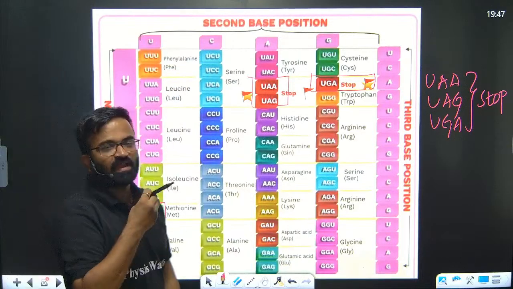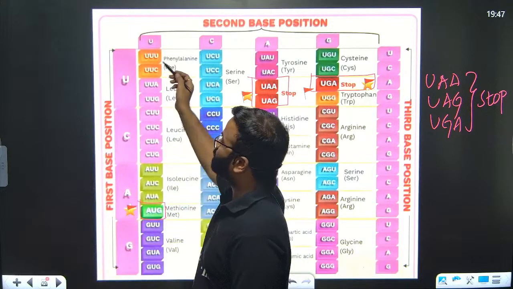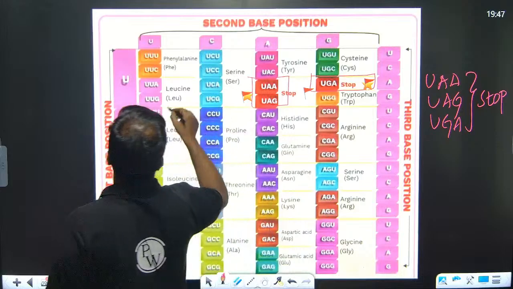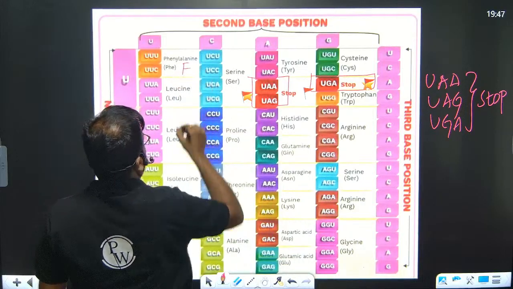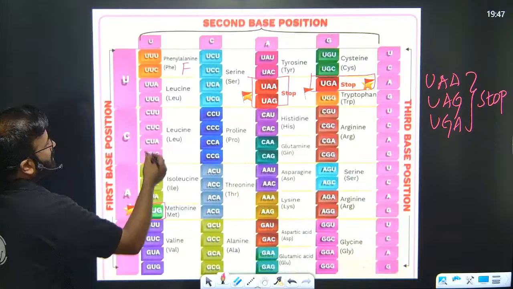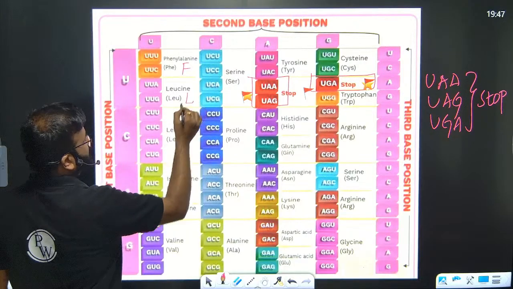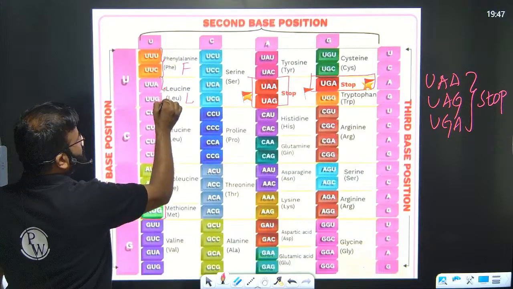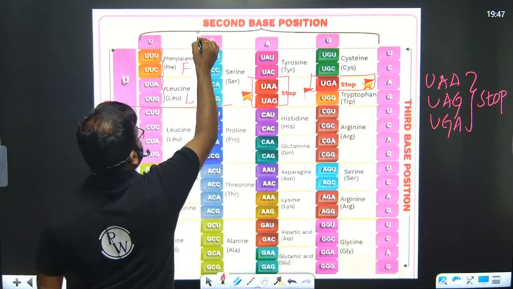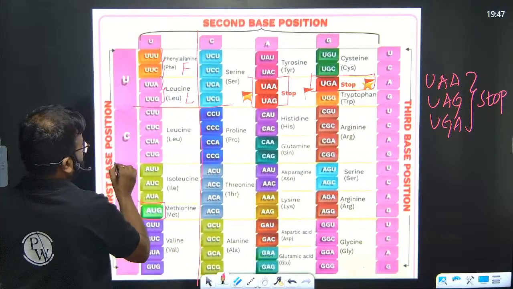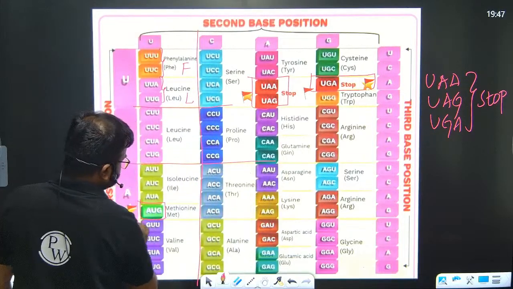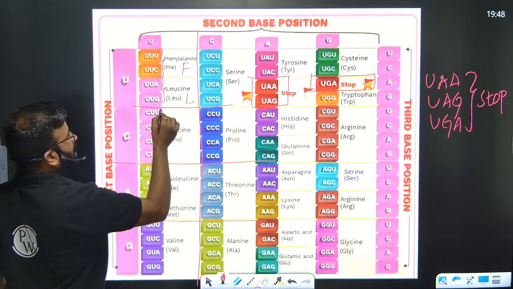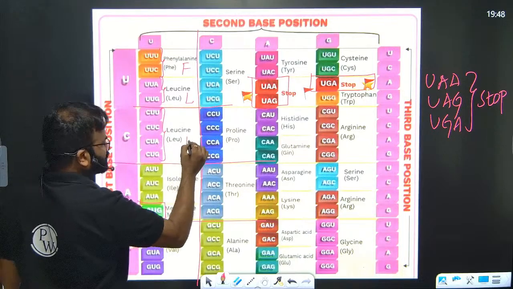For the first one, as you can see, you have phenylalanine. Even though it is written as P, the phonetic sound is F, and the single letter abbreviation is F as well. Then comes leucine, which is L. So these 2 code for phenylalanine, these 2 for leucine, and these 4 for leucine as well.